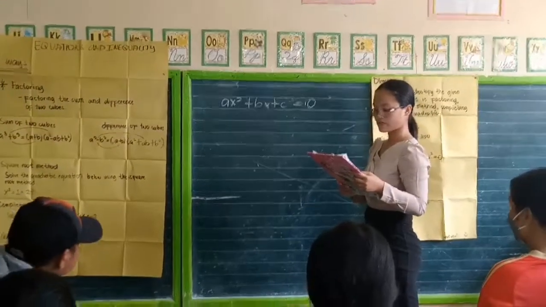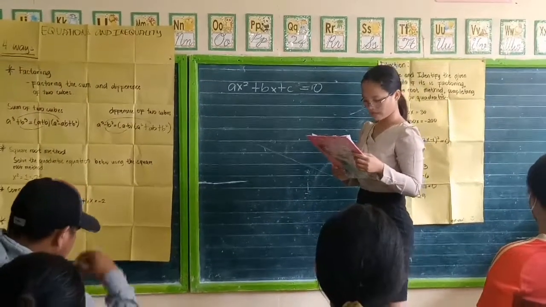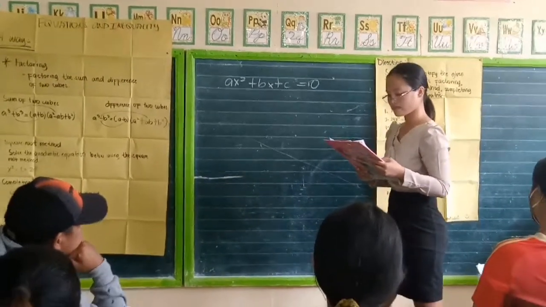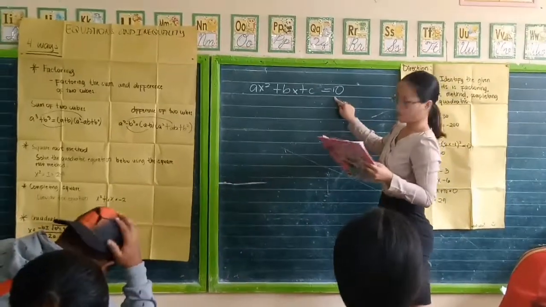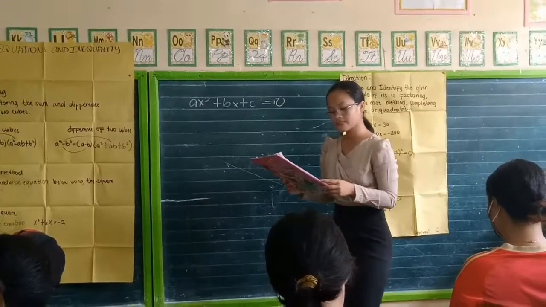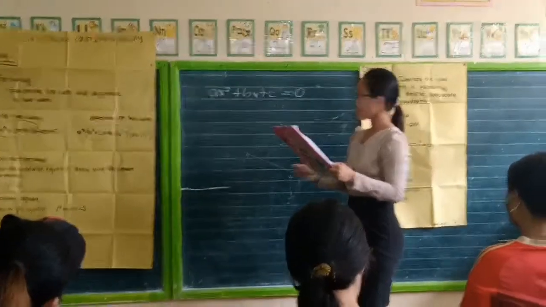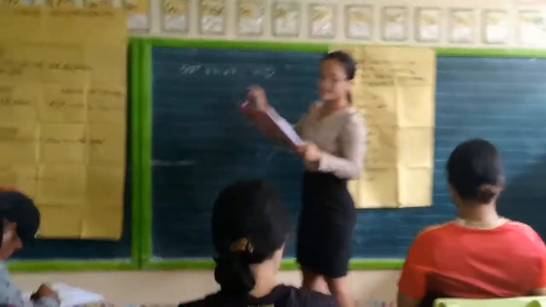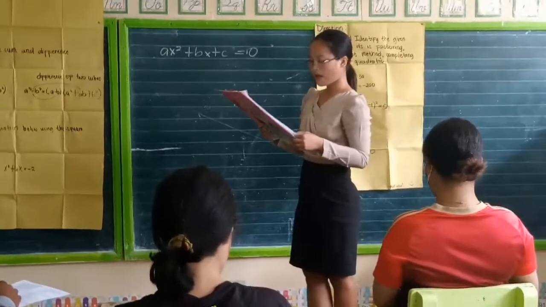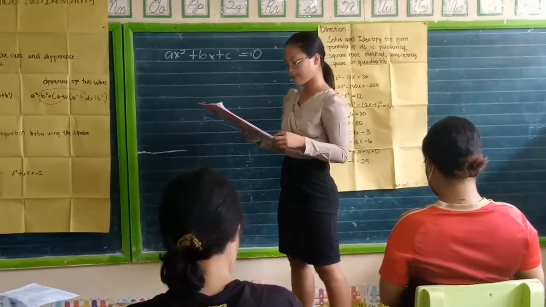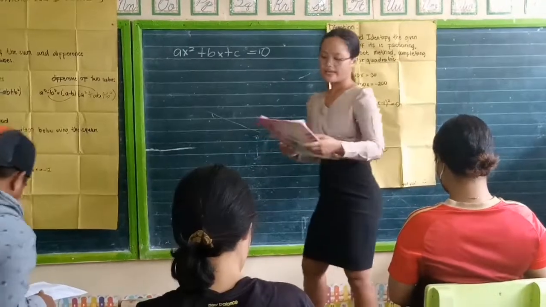The goal is to transform the quadratic equation so that the quadratic expression is isolated on one side of the equation while the opposite side only contains the number 0. So in this convenient format, the numerical values of a, b, and c are easily identified. Upon knowing these values, you can now substitute them into the quadratic formula, then solve for the values of x.